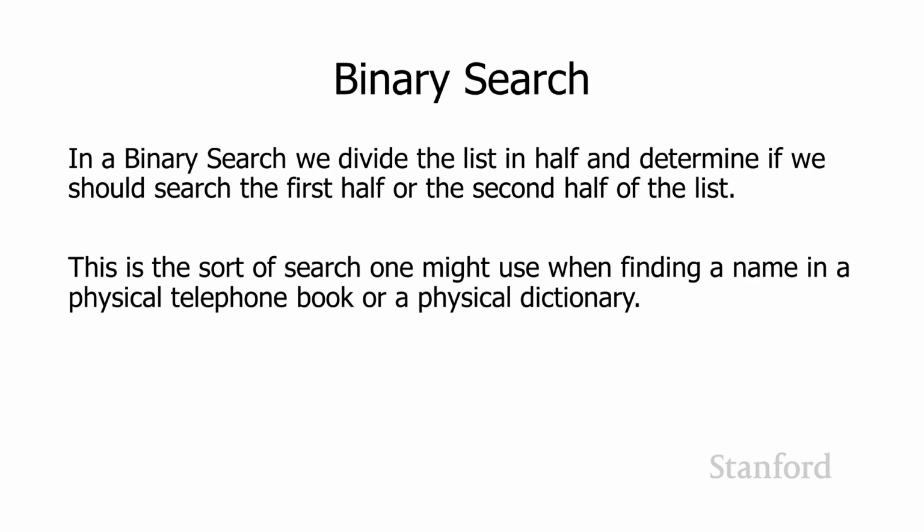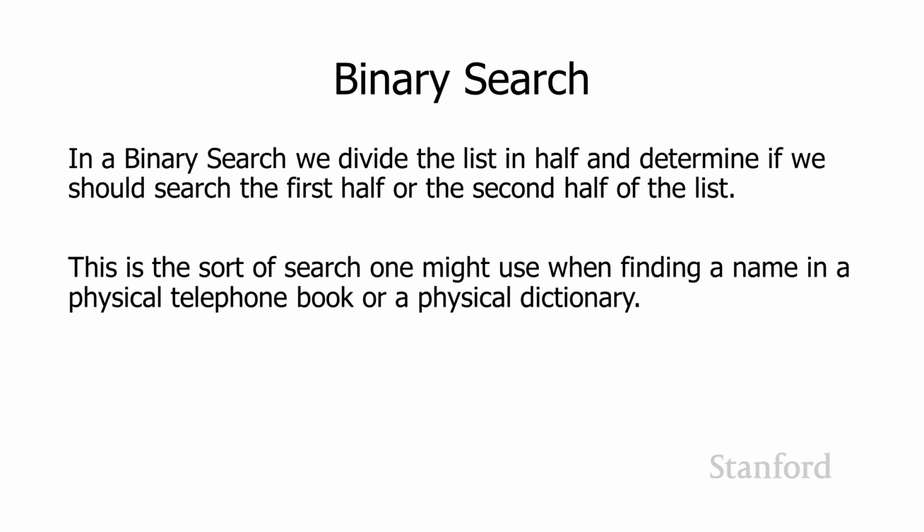The analogy would be similar to if you have a physical telephone book and you're trying to find a name in that phone book. You split the phone book in half and you say, is the name in the first half of the phone book or is it in the last half? Oh, it's in the first half. Okay, I'm going to split that half of the phone book in half. So now I'm looking at quarter sections.